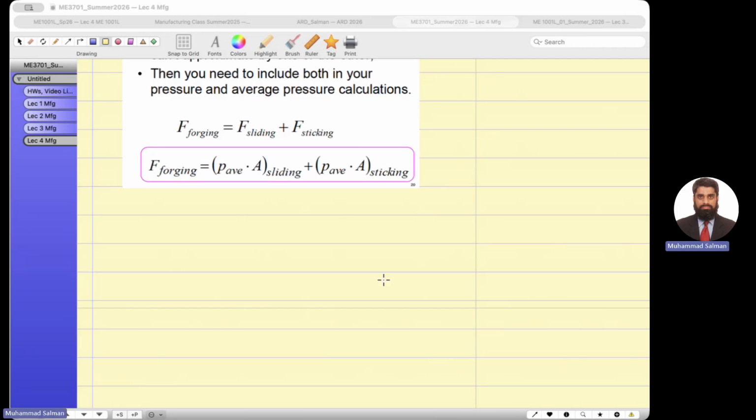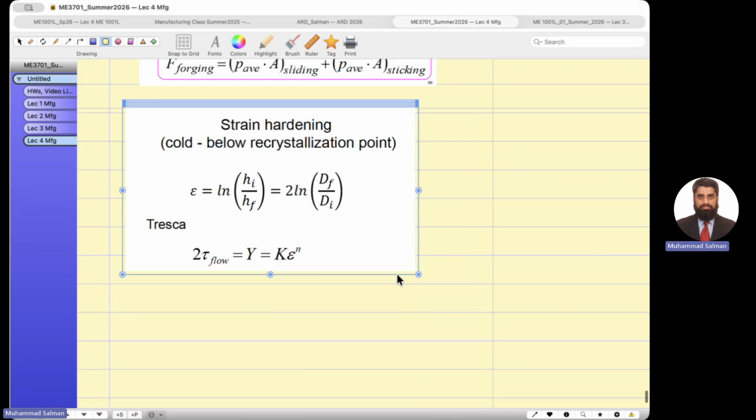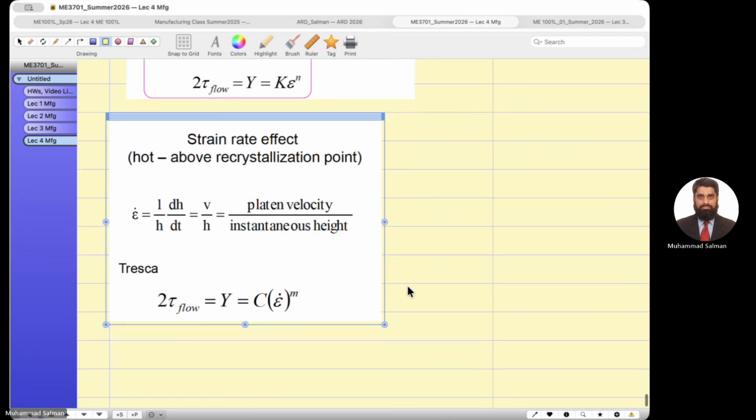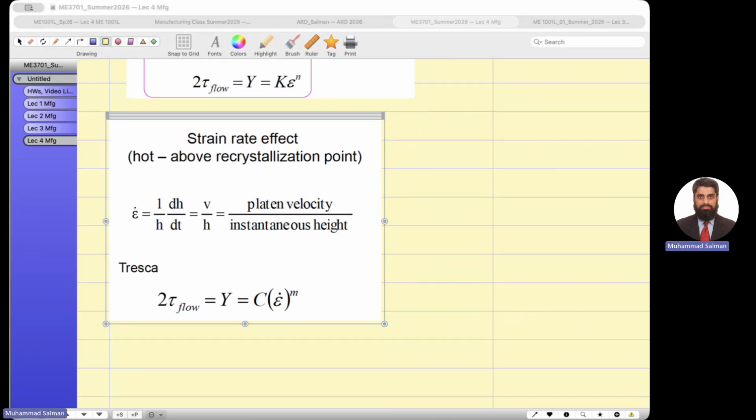Now comes the strain hardening formula here. So this is the power law or the stress law here. For Tresca, the yielding stress equals K times epsilon to the power n, which is 2 times the flow stress, tau flow. And for hot, 2 tau flow is equal to Y, which is this form.